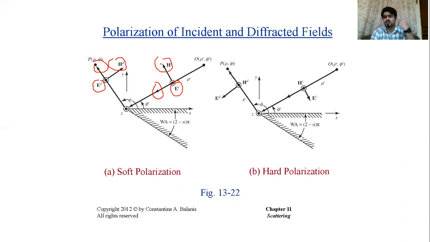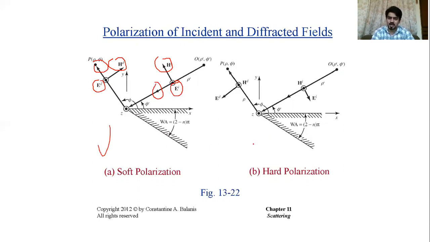And if you derive the entire expression for this problem and come up with a solution where you have H field in the other direction, and E field also in the other direction, then you simply introduce a negative term in front of the original expressions, right? That's what we also did when we derived the expressions of the Fresnel reflection coefficient. So the same thing we do when we derive the expressions for the diffracted field. So that is for the soft polarization.